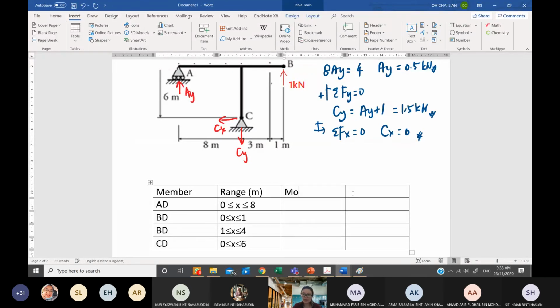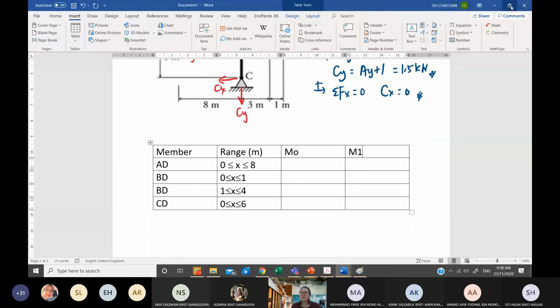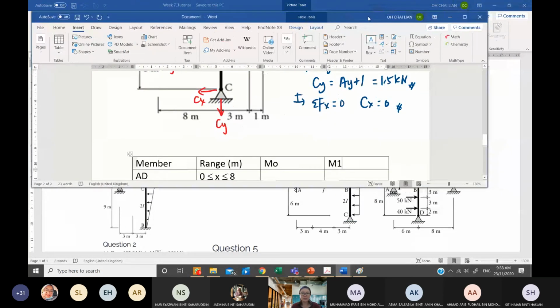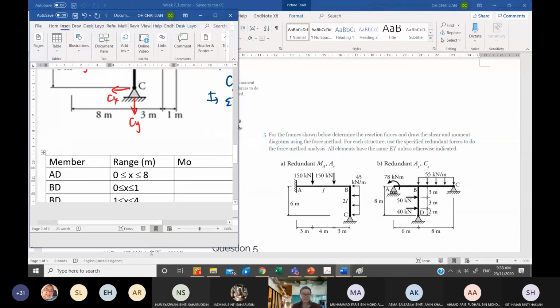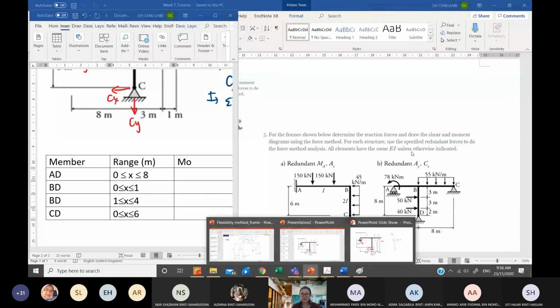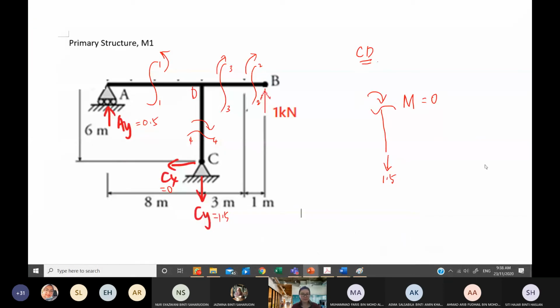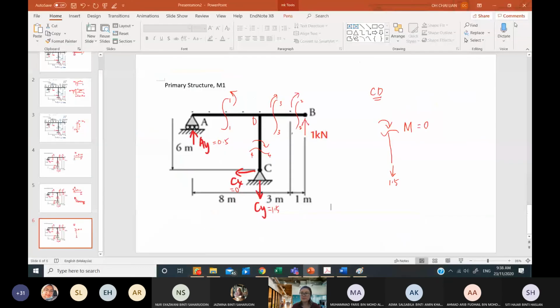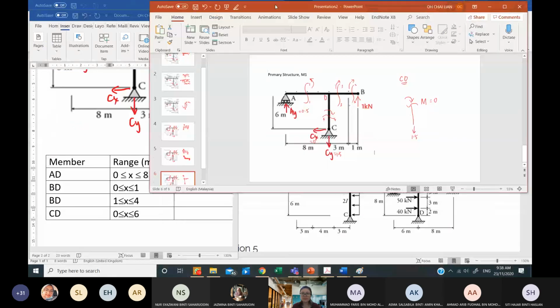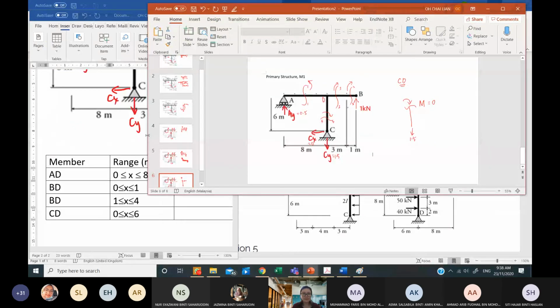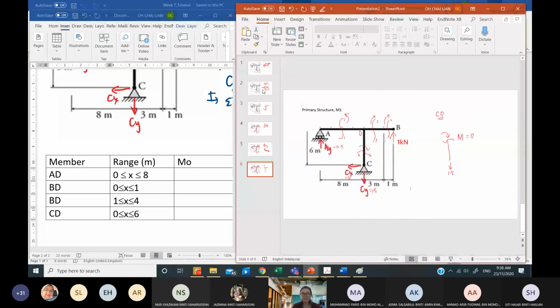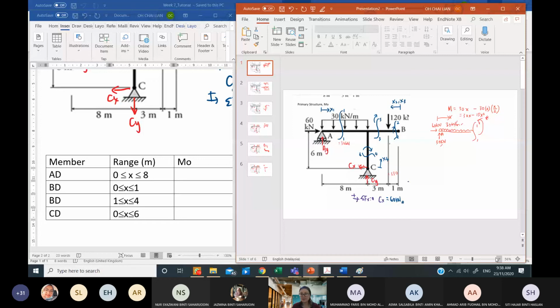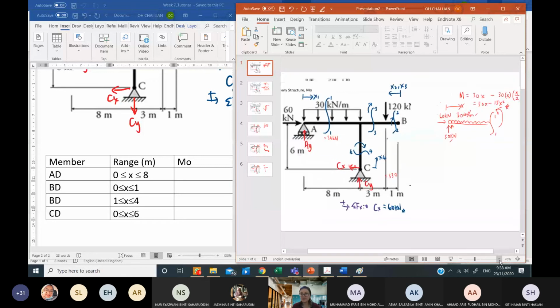I'm going to put in the M0 and M1. I need to put it this way so that I can get my M0 more easily. Can I put it bigger?